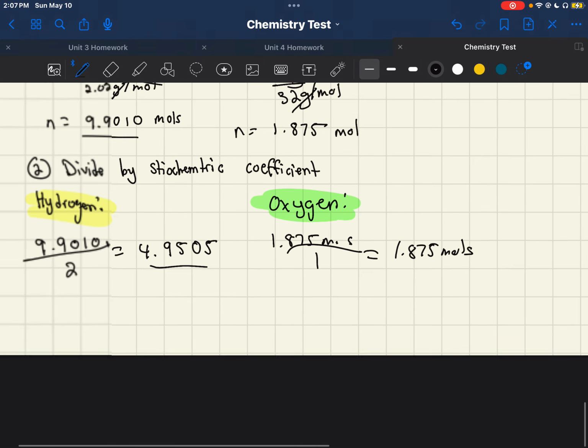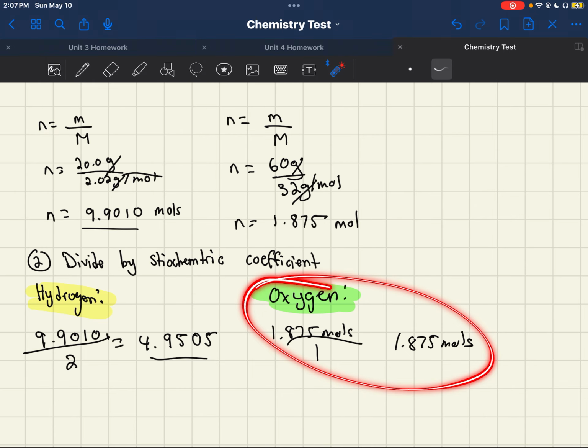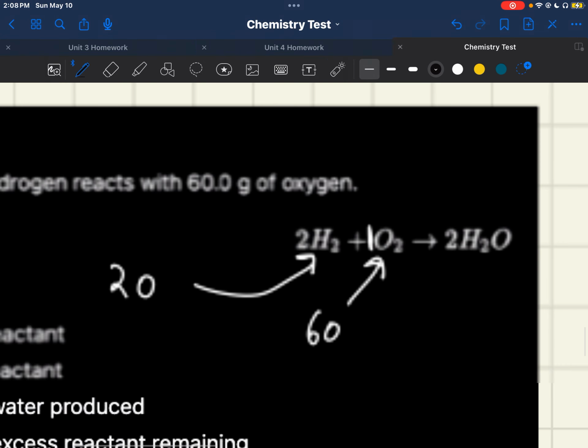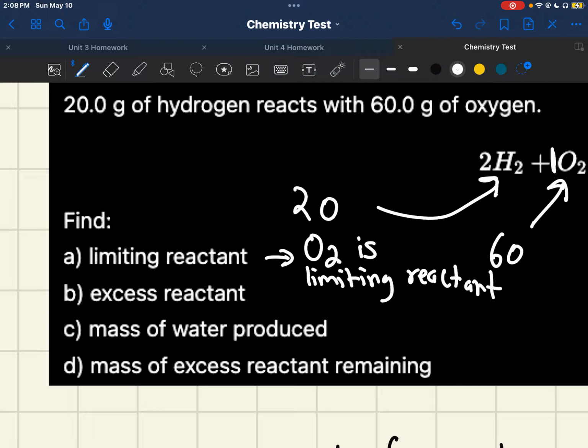Now you compare these two mole counts. Which one is lower? It's the oxygen. So that means that oxygen is our limiting reactant. So I'm going to say here, O2, which is oxygen gas, is our limiting reactant. And I'm going to just delete this over here.